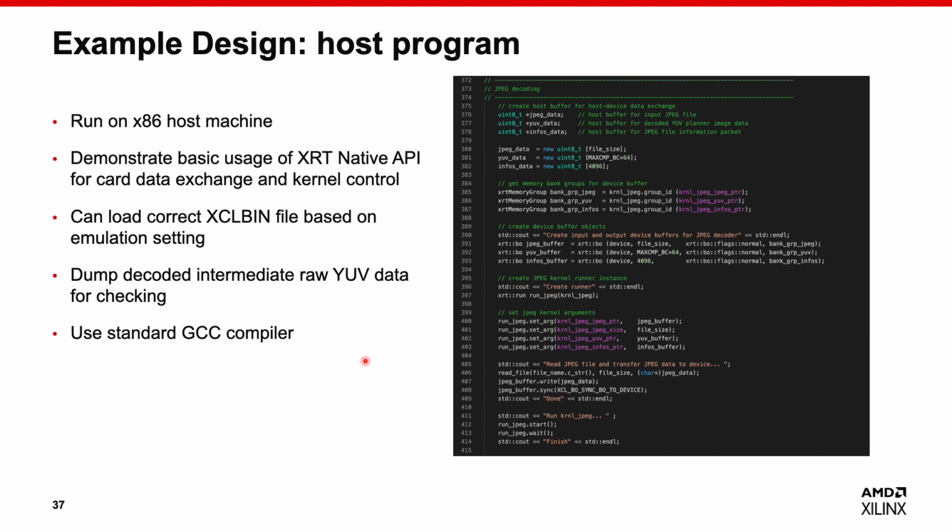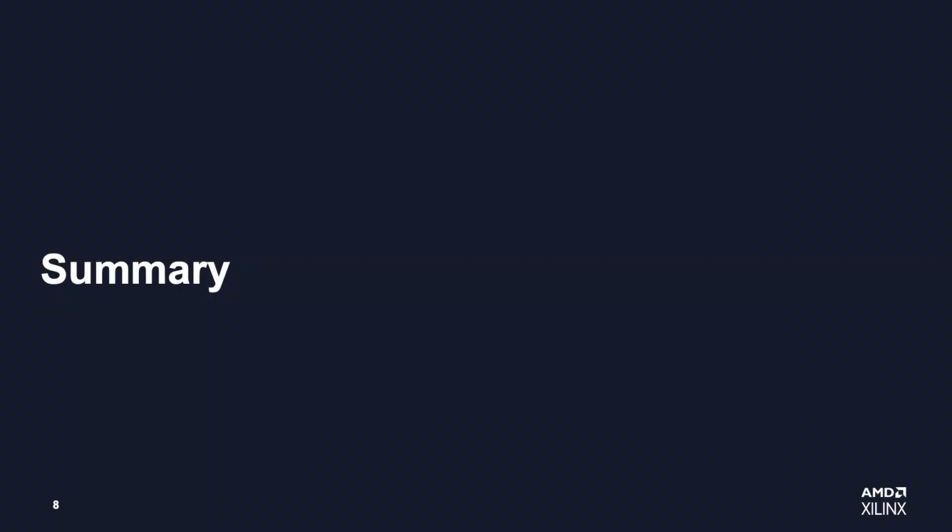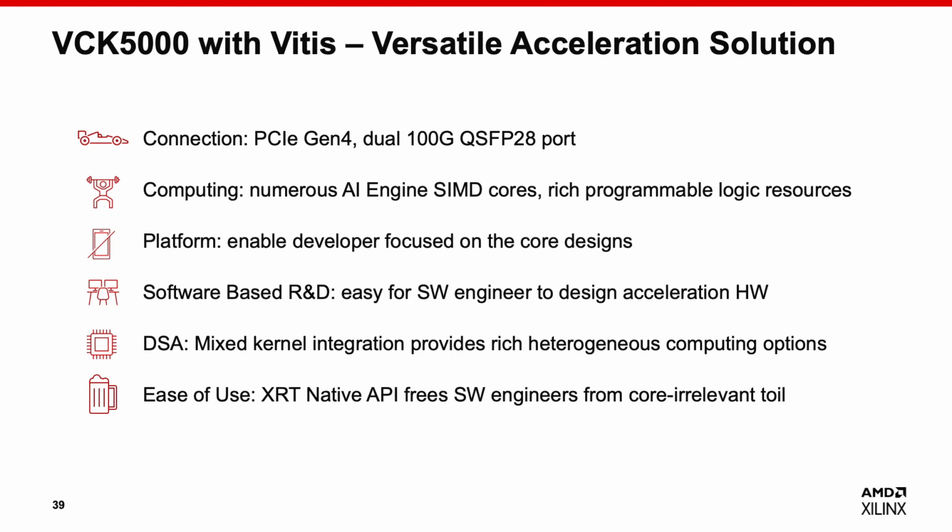It uses the standard GCC compiler and the XRT library to finish the host program compilation. Now let's get some summary for the VCK5000 card and the Vitis flow on it. VCK5000 is a versatile platform for hardware acceleration development. It provides powerful and easy-to-use connection to the card. It has great computing power, features numerous AI engine processors, and rich programmable logic resources for the user.